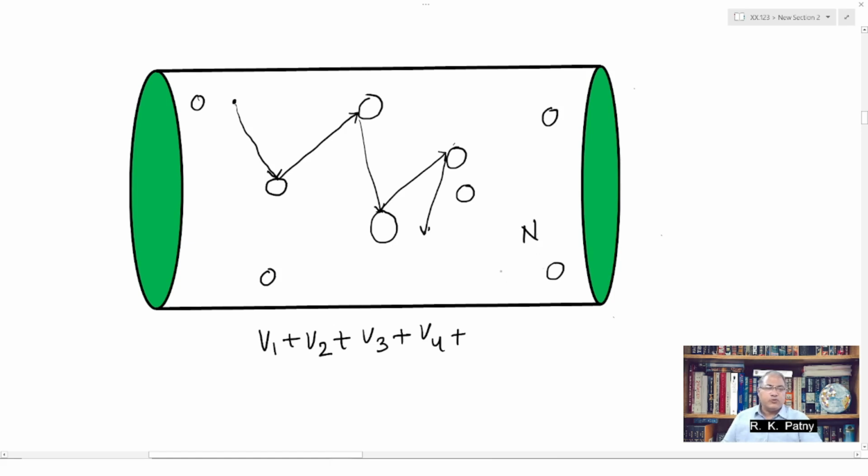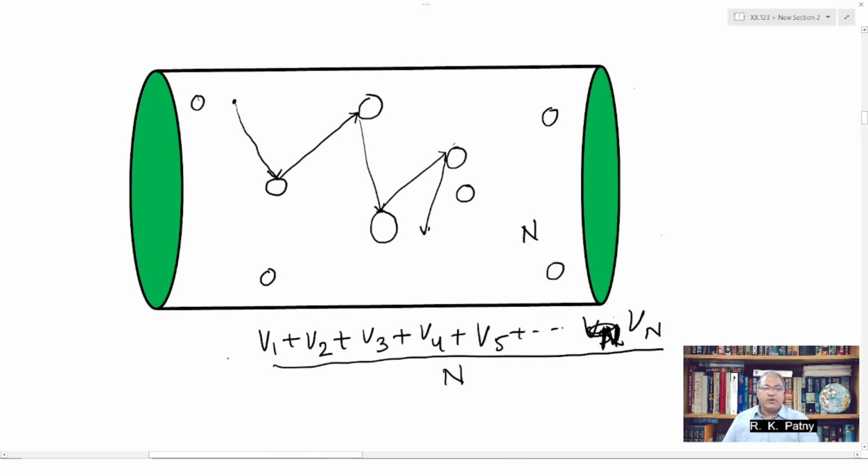So we assume that there are n electrons. The velocity of the first electron, second electron, third electron, fourth electron, fifth electron, and so on, up to the nth electron, where Vn is the velocity of the nth electron. Suppose you want to find the average of this, then what will you do? You will divide by n.